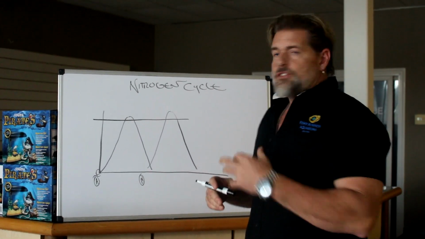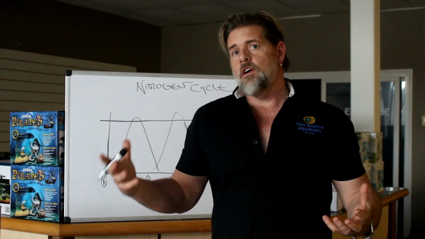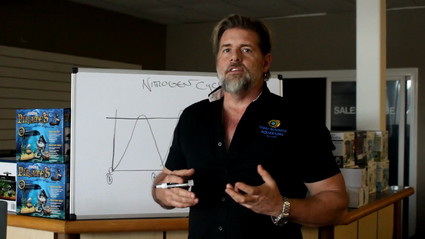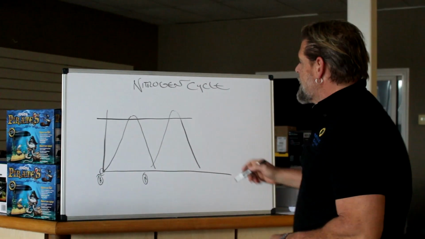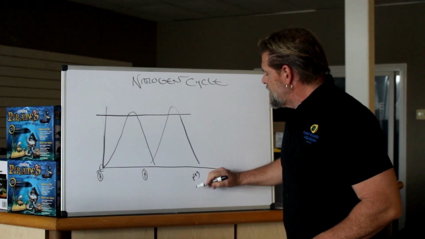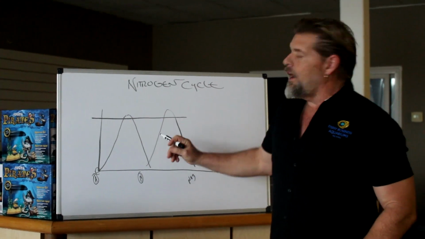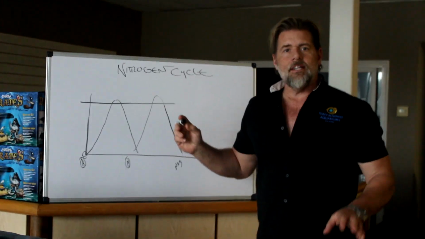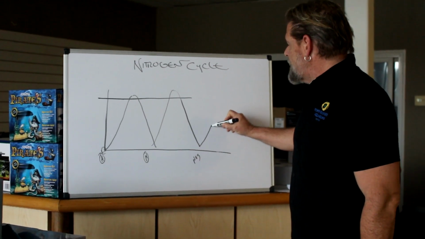Now, assuming that the nitrogen cycle has completed itself, and on to ongoing fish care, let's talk about how the nitrogen cycle works in with water changes. Because, like I was talking about, you now have NO3, which is your nitrate. And at the end of this nitrogen cycle, while ammonia and nitrite technically should not go back up again, you will have nitrate that begins.